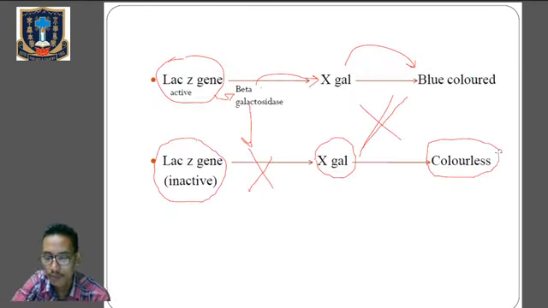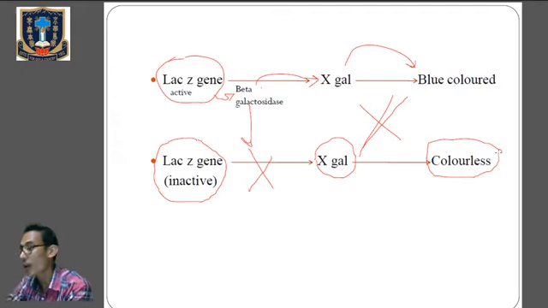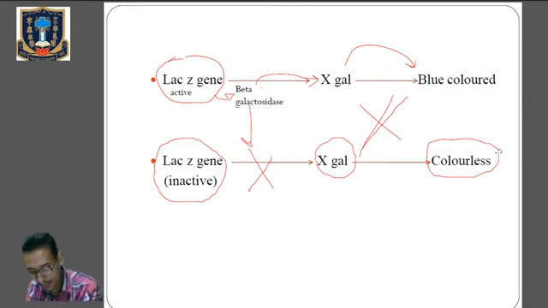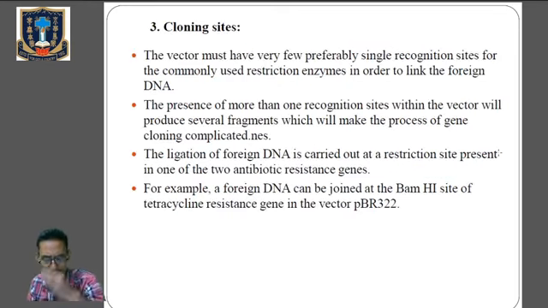Non-recombinant DNA will produce the blue colored colony, but the recombinant ones will produce the colorless or white colored colony. Clear? Okay. So now we go to the next feature of a cloning vector, that is cloning sites.